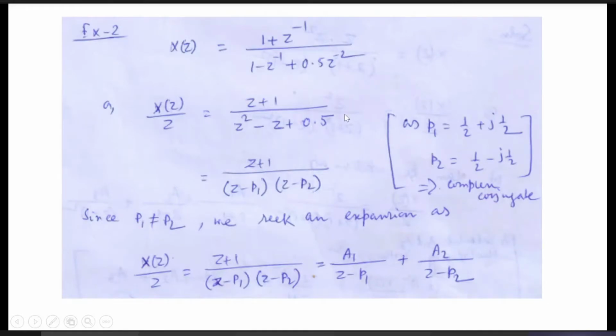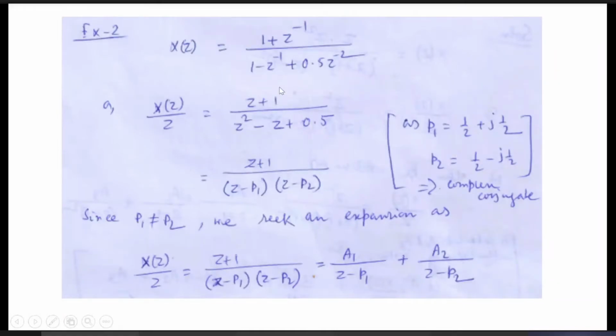So first we multiply by z square, the higher order term in the denominator, z to the power 2. Multiplying by z square, the numerator becomes z square plus z, and in the denominator z square minus z plus 0.5.